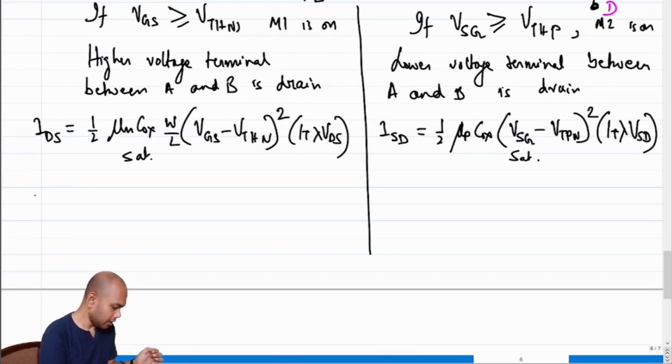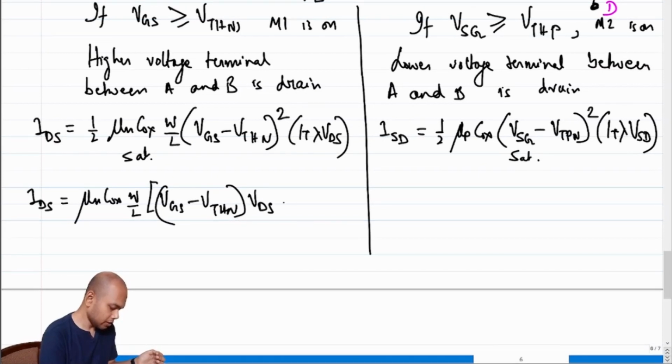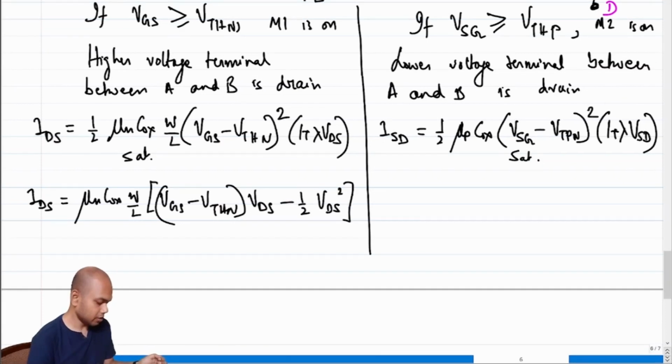What is the linear current equation? The linear current equation is IDS equal to mu n Cox W over L times (VGS minus threshold voltage) times VDS minus half VDS squared.